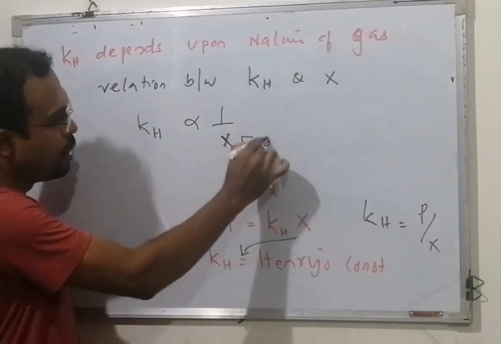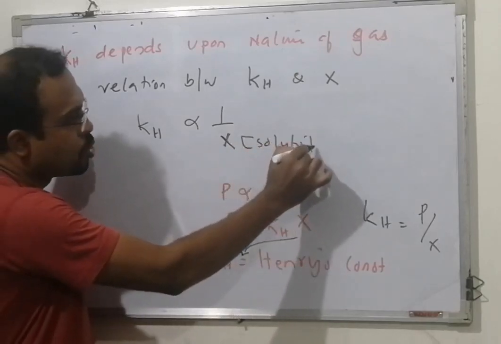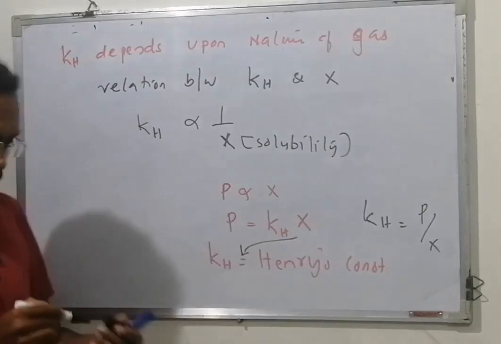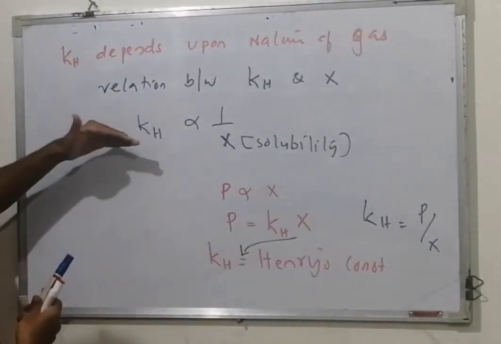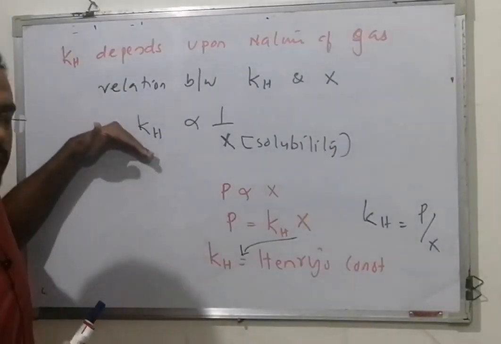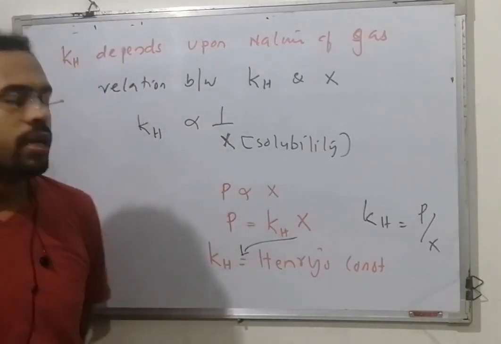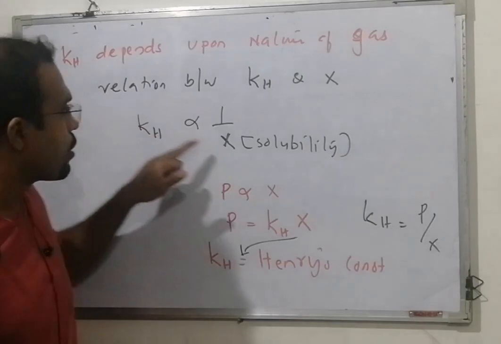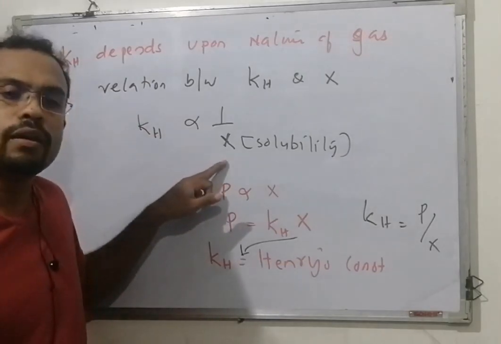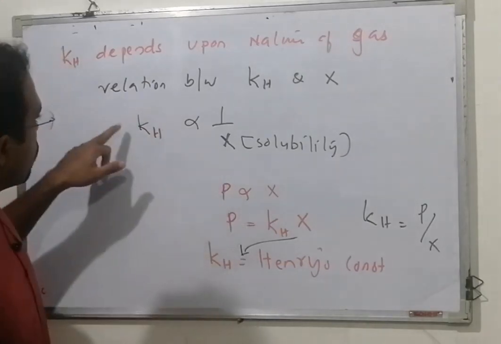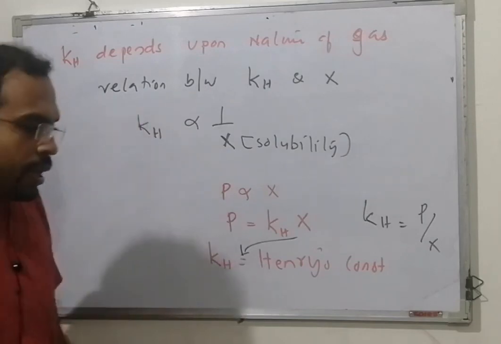This is nothing but solubility. That is, if the KH value of a gas is higher, its solubility will be lower. Very important point. If KH value is lower, solubility will be higher.